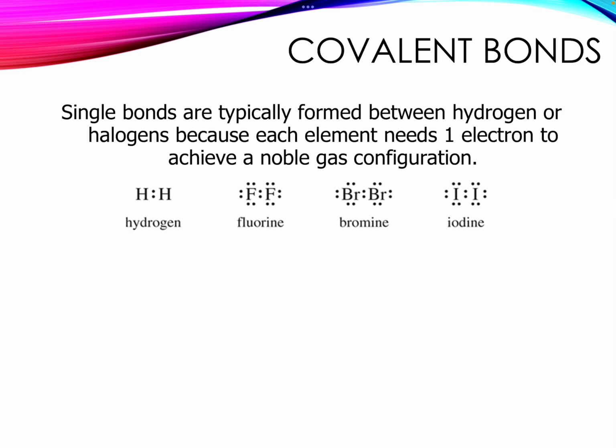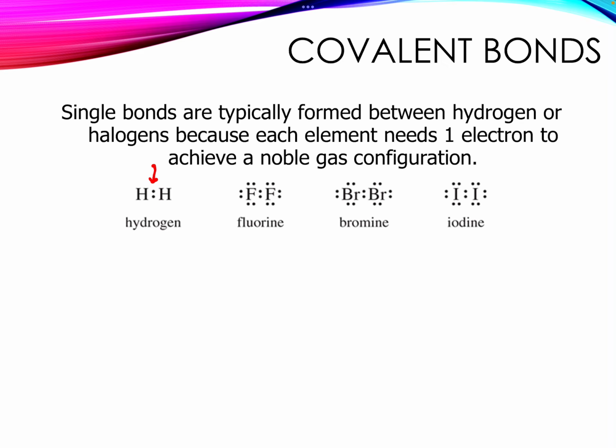So a lot of times when we are doing these Lewis structures, we will be forming single bonds. And in this slide, I'm showing them right now as dots, so you can see that each element has 8 valence electrons, except for hydrogen, which is only getting 2. So remember, hydrogen follows the duet rule. So the fact that each hydrogen has 2 electrons here means that it's complete, right? It's satisfied.